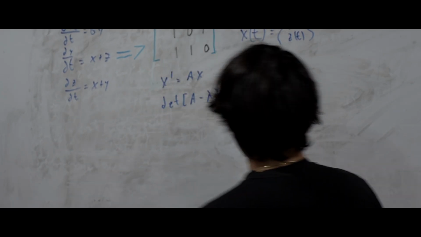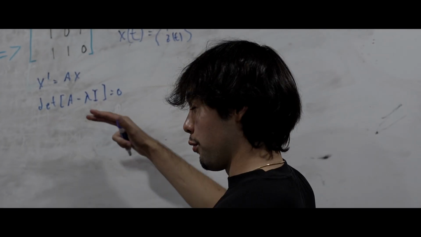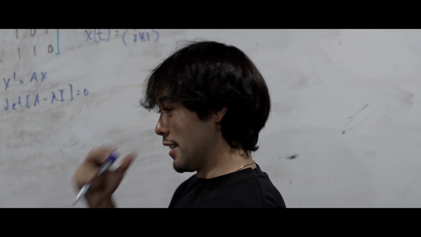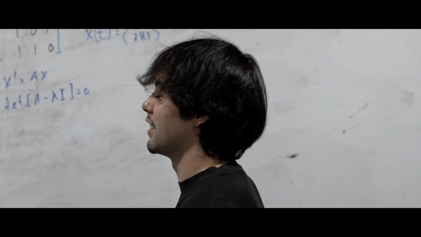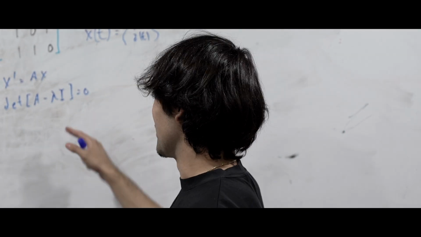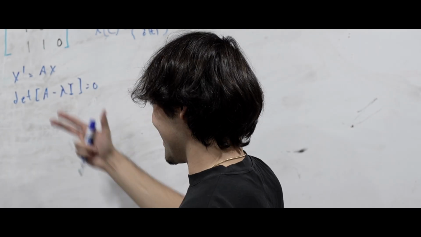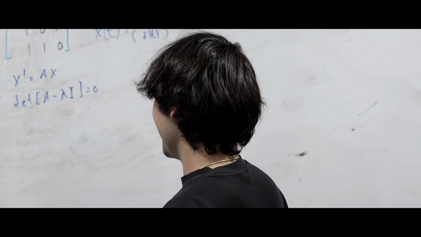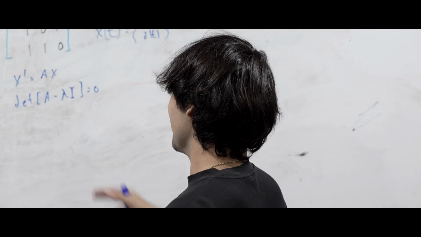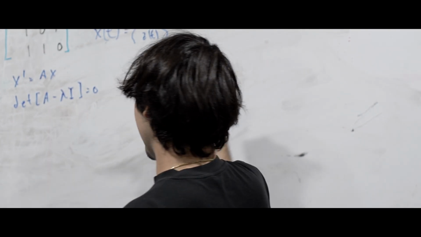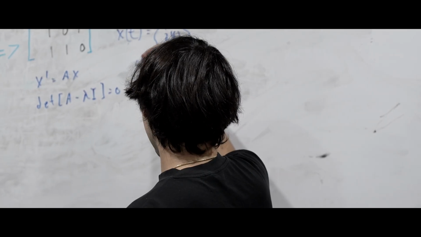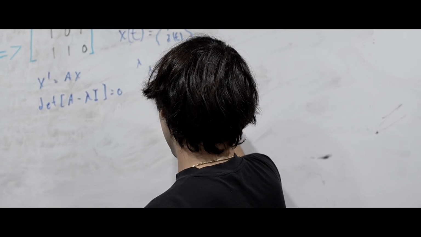is equal to 0. Now, I is not the personality, but just the shape, right? The shape of where lambda is going to be. It's going to be a diagonal, so it's going to look like lambda, lambda, lambda.